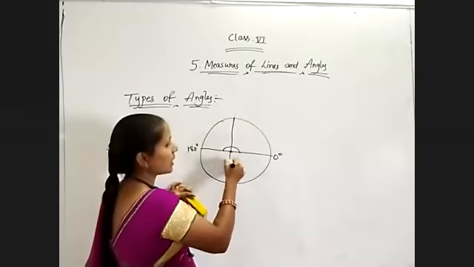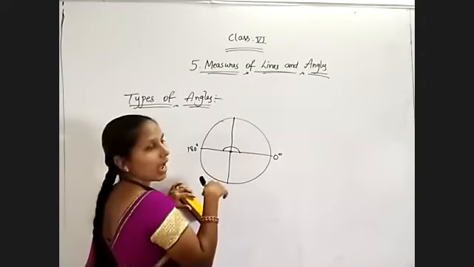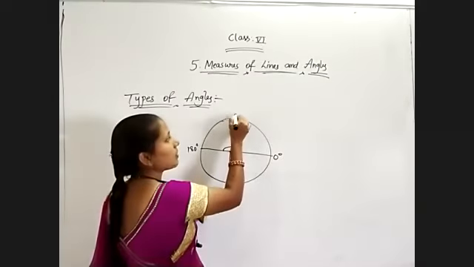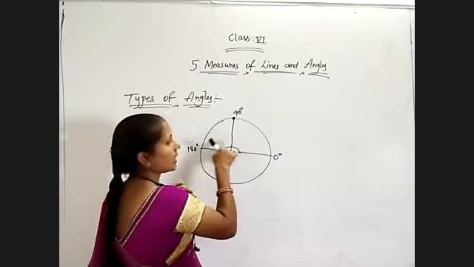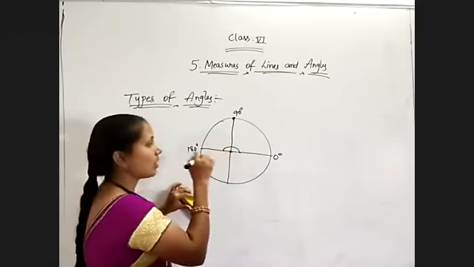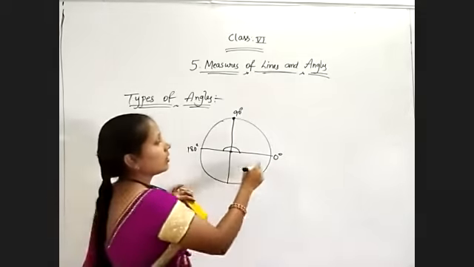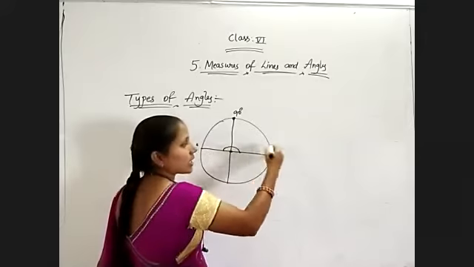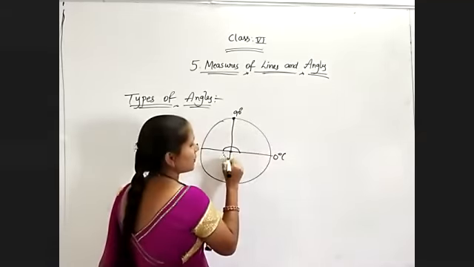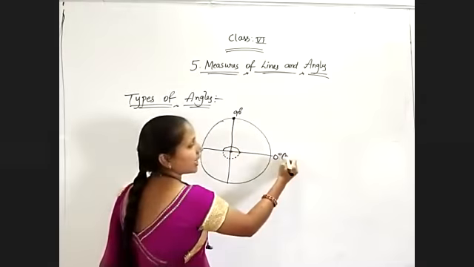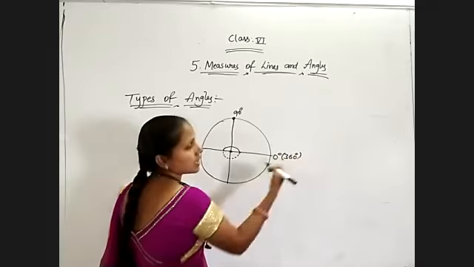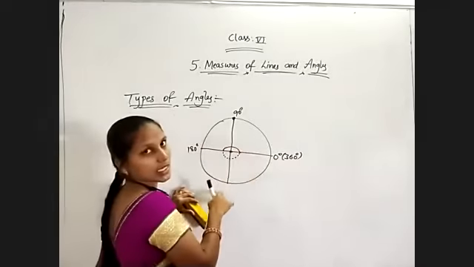And in the 180 degrees, again I am doing half. So then this one will measure 90 degrees. 90 plus 90. Okay. Now observe that for a complete rotation, if the rotation is finished, then the complete angle formed is 360 degrees. 180 plus 180, 360 degrees.